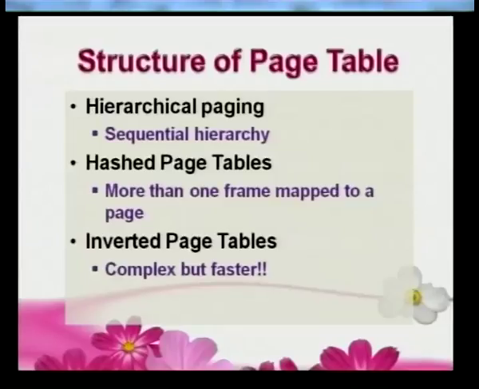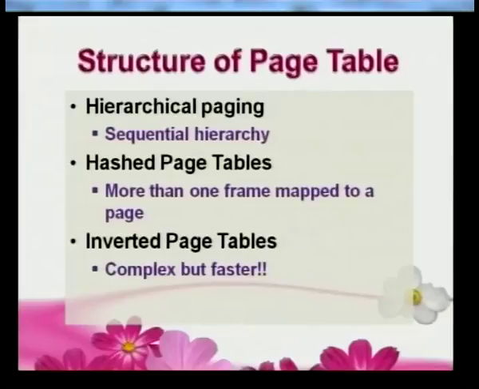There can be varieties in the page table structure. The first can be hierarchical page table, the second can be the hashed page tables, or the other alternate implementation can be the inverted page table. Hierarchical page tables, from the name itself you can identify that there is a hierarchy in the implementation of the page table. The hierarchical page tables can be 2 level, 3 level and multi-level.